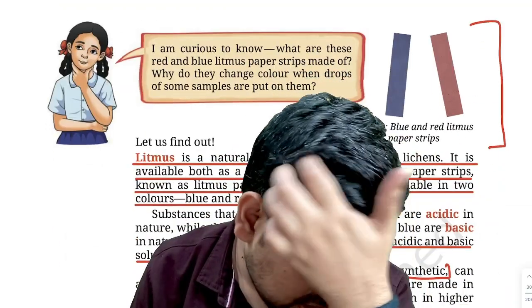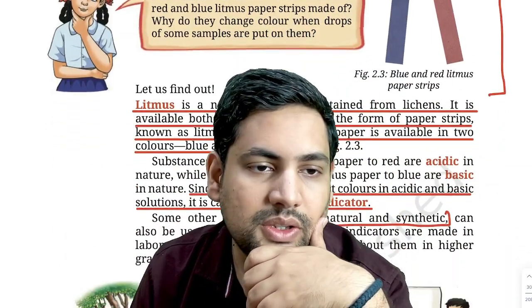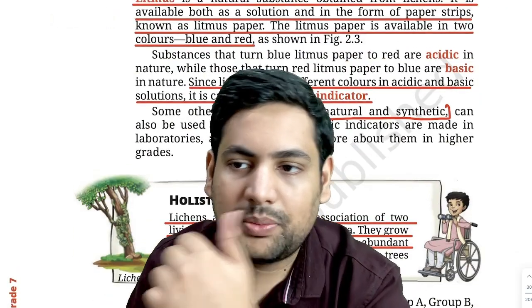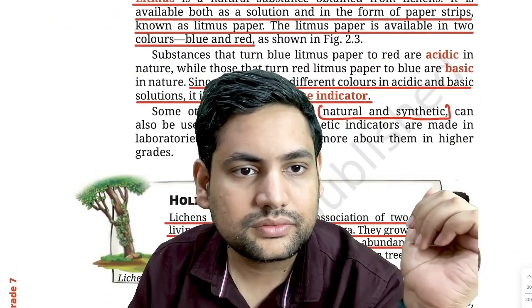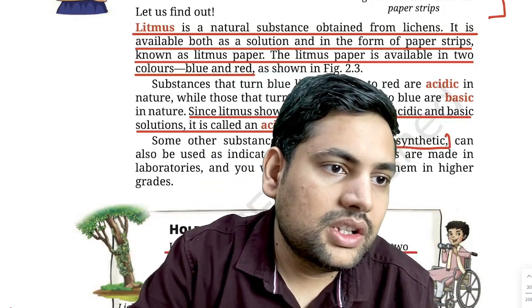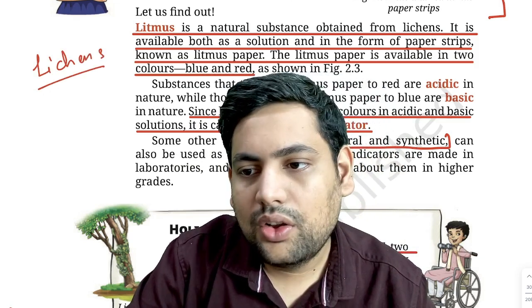Now let's understand what is a litmus. See, litmus is a natural substance. Now litmus is obtained from something we know as lichens. What are these?